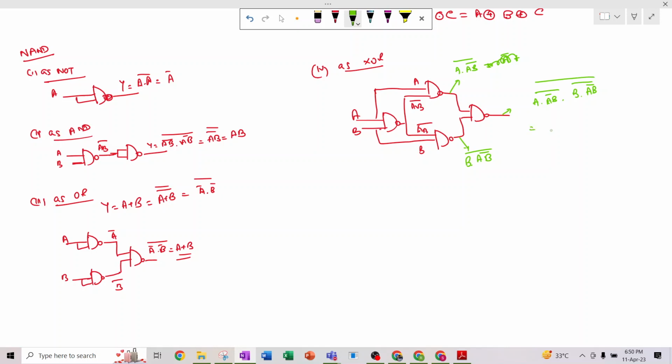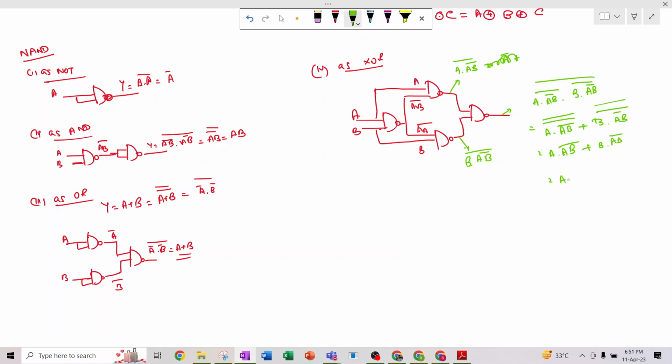That means (A dot A B bar) bar, and again comes bar, plus (B dot A B bar) bar, again comes bar. So that means A into (A B bar) bar plus B into, sorry, (A B bar) bar, the whole thing.